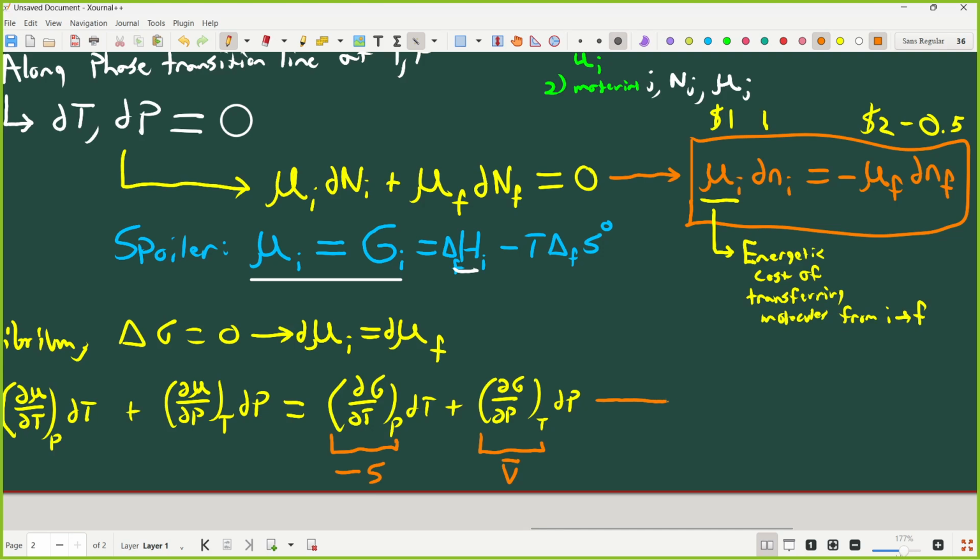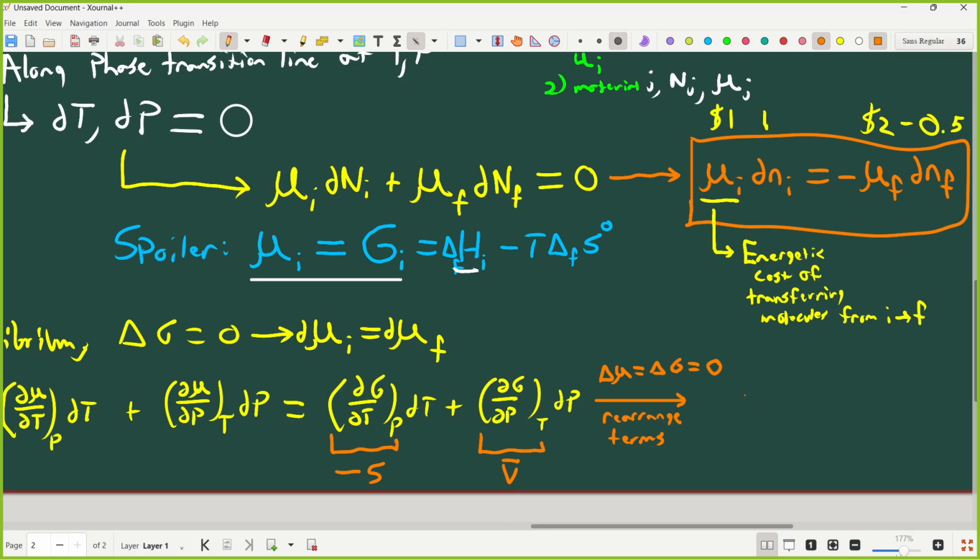And so if I take this equation, and take now delta mu, which is equal to delta G, which is equal to 0, and I rearrange terms, I get a really, really interesting equation.